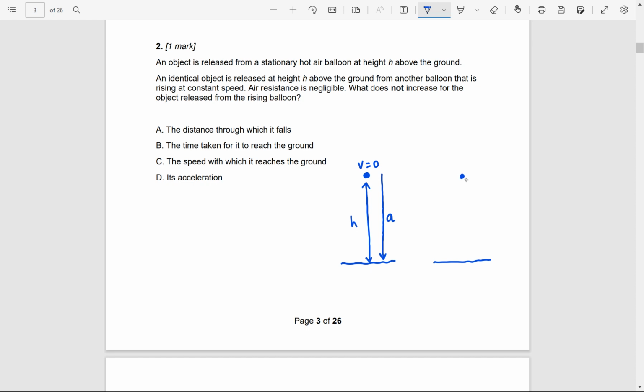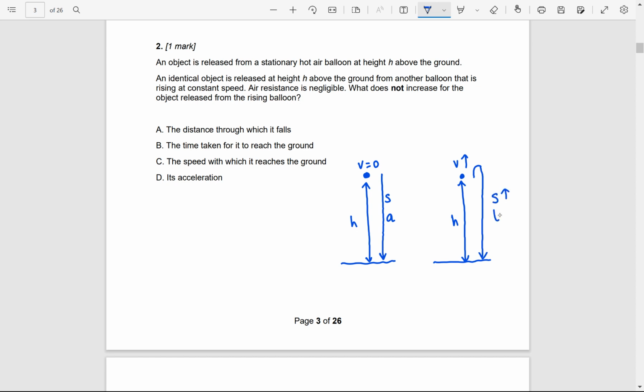Situation 2, we have a hot air balloon that's at the same height above the ground, but this time it's actually traveling upwards. So if it's traveling upwards, when we release the object, that object too will have velocity v upwards. So for a short while, it will actually rise up until the acceleration due to gravity drops the velocity to 0, and then it will accelerate down towards the ground. So we can see that the distance s from here to here is shorter than the distance s of this one.